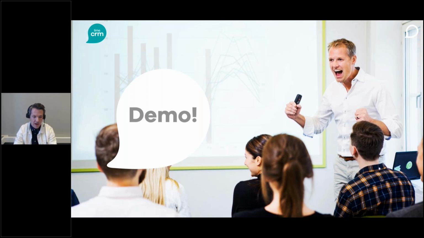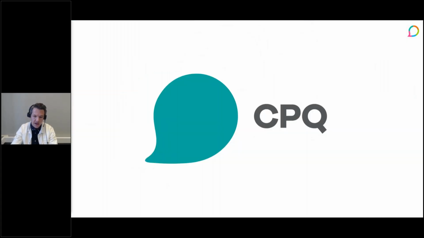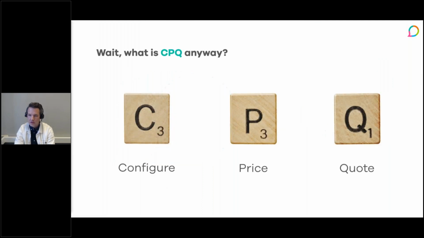Now, let's wrap up this session with the latest news regarding our CPQ add-on. And first of all, what is CPQ anyway? CPQ stands for Configure Price Quote. It gives you 7 points in Scrabble if that's something you usually play.